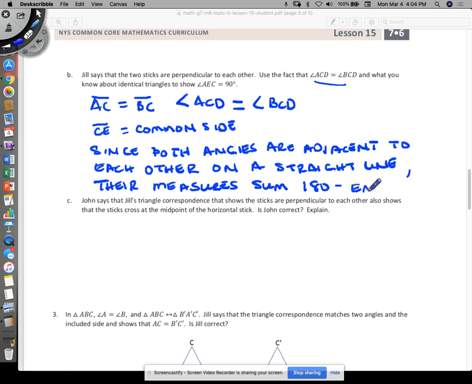Therefore, each angle is 90 because it's cut right in half. There you go. We just proved it.